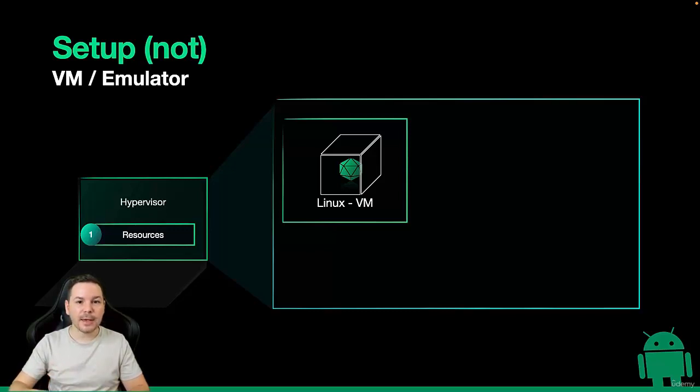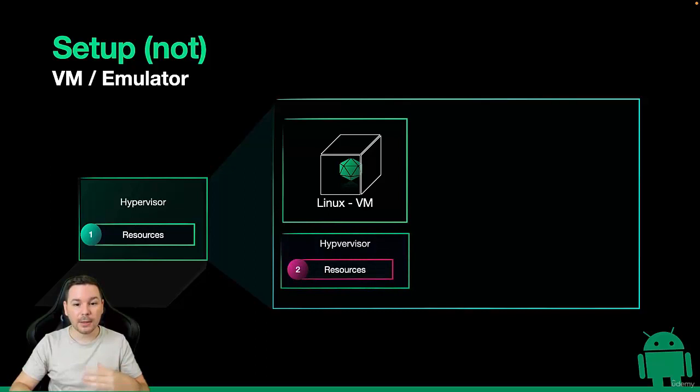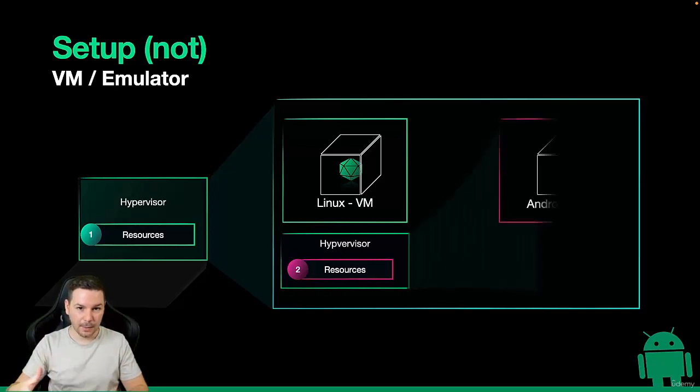But now, if we are running another virtual machine in our virtual machine, so let's say our Linux VM is now our Ubuntu system where we are installing all these tools, Android Studio and many more, and we are now starting the emulator from this Linux VM, then we need another hypervisor. This hypervisor is once again sharing those resources from our already shared hypervisor with the newly created VM.